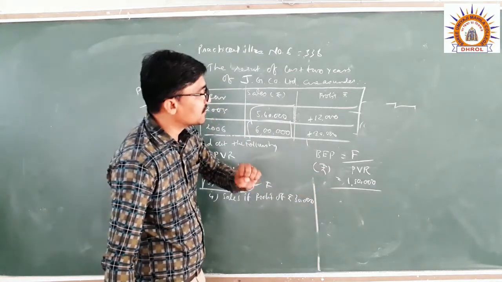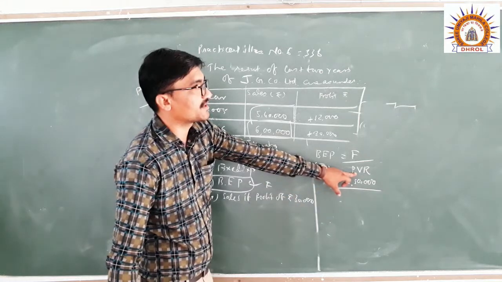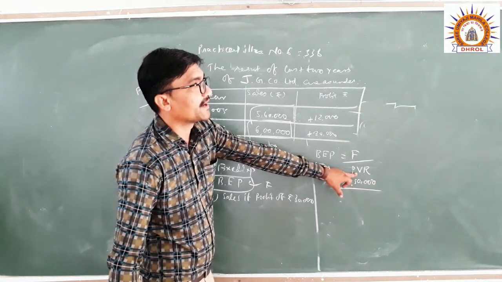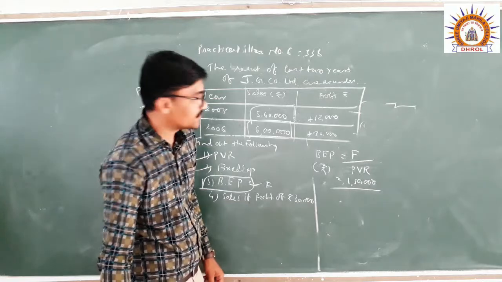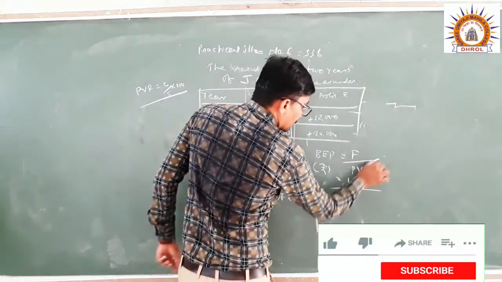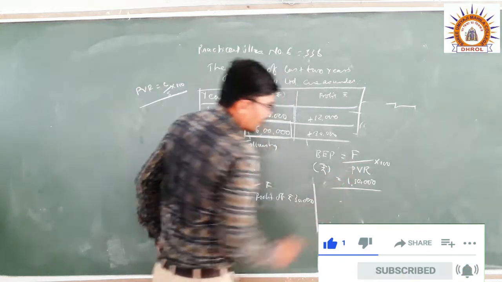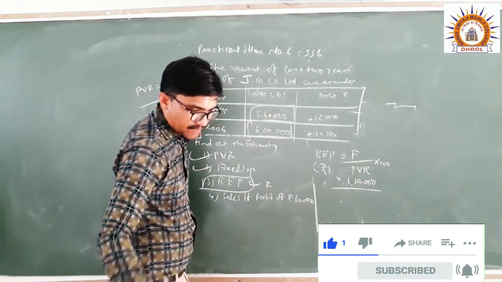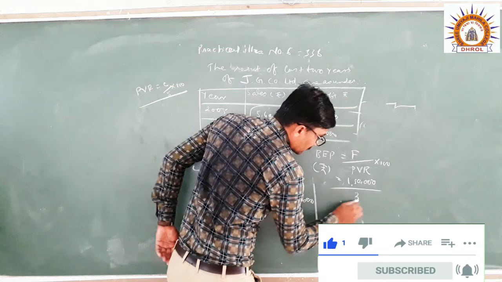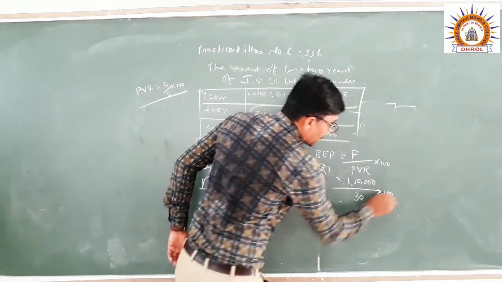Why? Because if you calculate break-even point with the help of PVR, whatever answer you get is in rupees. If it is in terms of units, then instead of PVR there is S minus V. So simple, F divided by PVR, multiplied by 100.